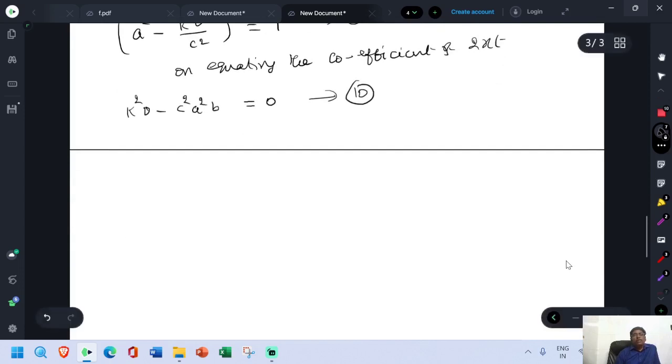Then from equation 10, k square v equal to c square a square by b. Then k square equal to c square a square b by v.